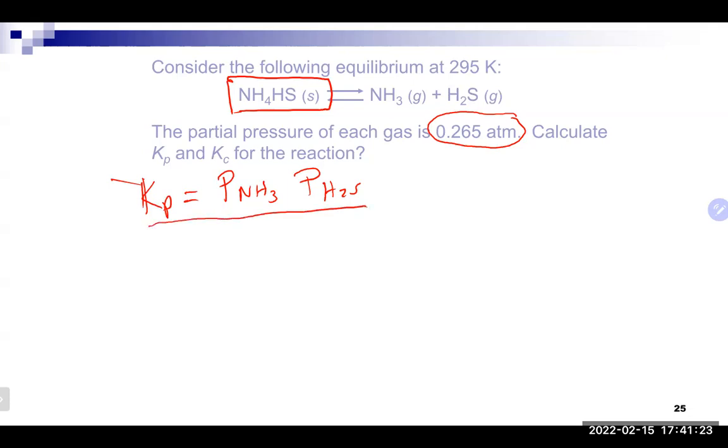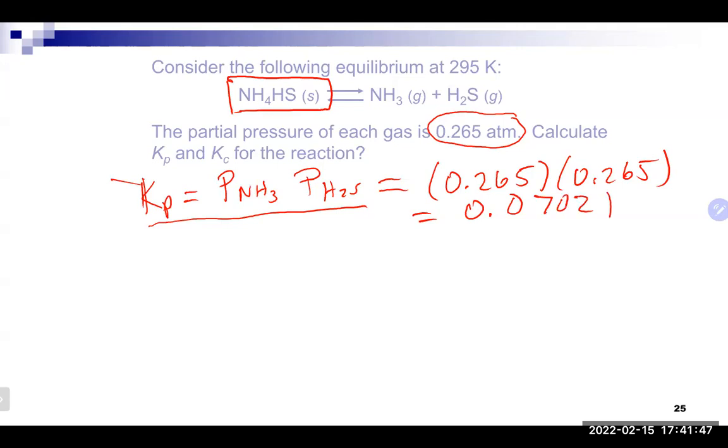That means this is essentially our Kp expression, which makes it relatively easy. We just have to plug that in twice, 0.265 times 0.265. In this particular case, we're going to end up with 0.0702 as our Kp value. First off, any questions on that part of it there?